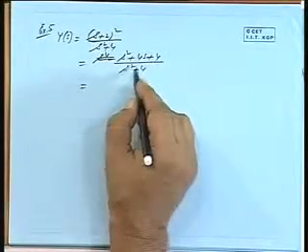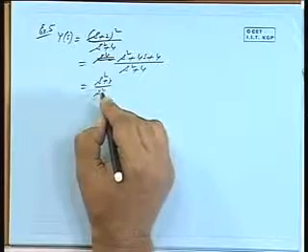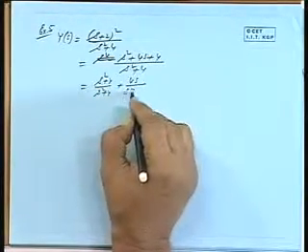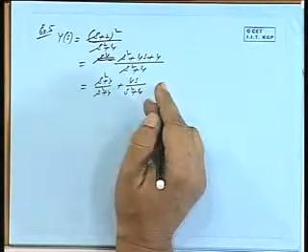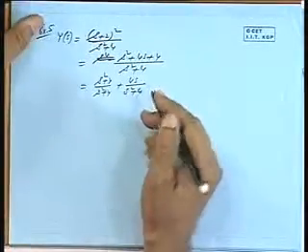Now s squared plus 4, if I take out, it is (s squared plus 4) plus 4s, by s squared plus 4. Every time I need not go for that m1 m2 minus n1 n2. If there are simple shortcuts, I will adapt that.